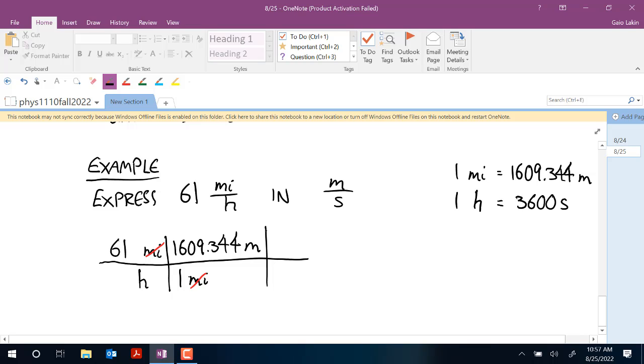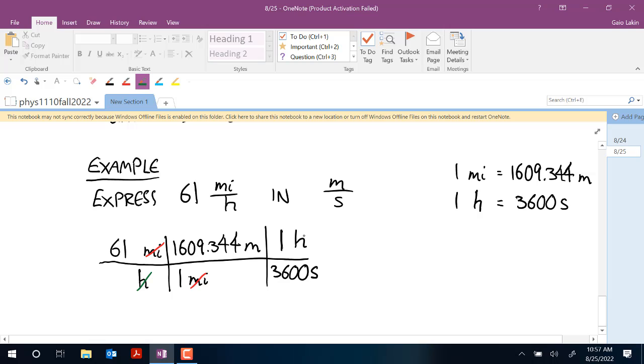And the next thing I want to do is multiply by a conversion factor that gets rid of the hours, changes to seconds. The hours are in the denominator, so do I want the hours of my conversion factor in the numerator or denominator? Numerator, yep. So this time I'll put the 1 hour up here, the 3,600 seconds here.